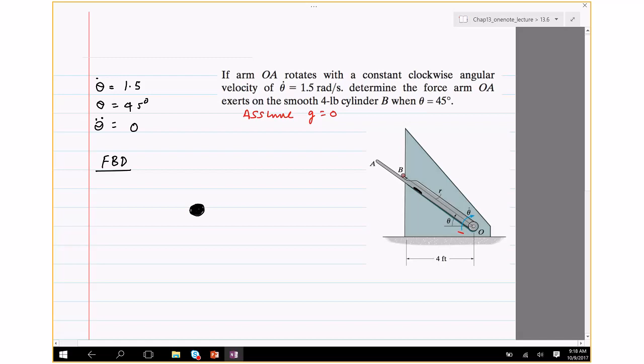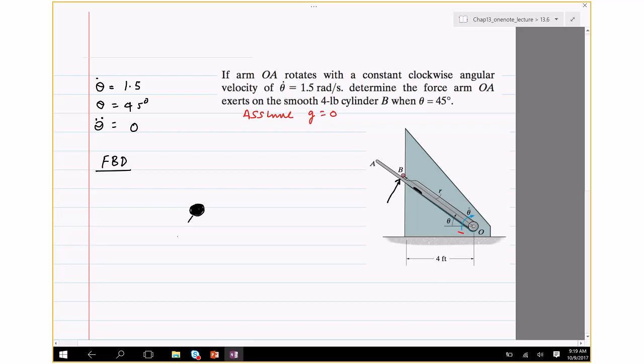Now to replace the effect of two things. One is the arm OA with a force, and then it also rests against the sledge or the incline, right? So arm OA exerts a force on B, and that force is going to be in which direction? It's going to be always normal to OA, so it's going to be this direction.